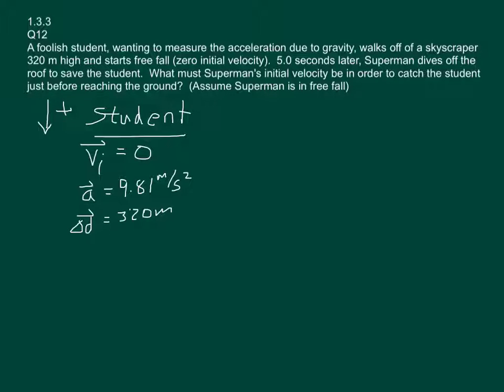And we need to figure out his time. We don't know his time, but we should find out his time, because that limits how much time Superman has to get down there, right? Otherwise we don't know what to limit Superman with.